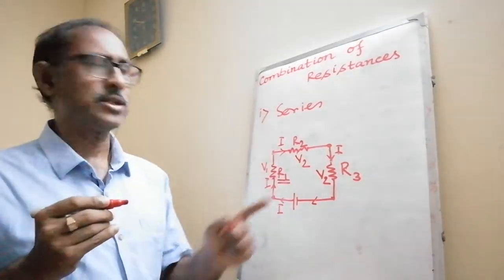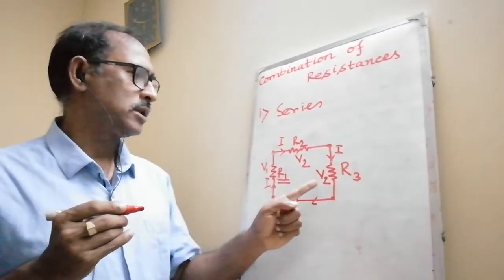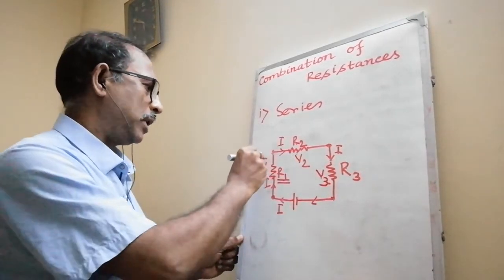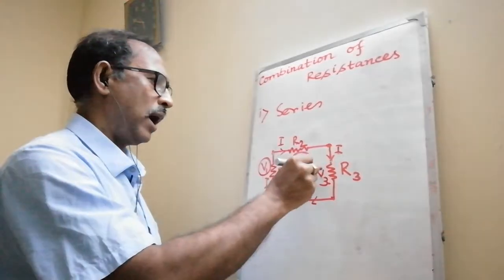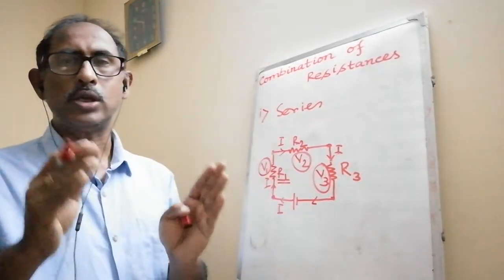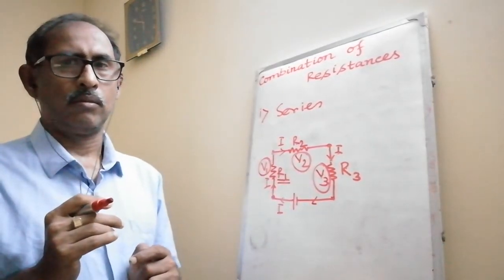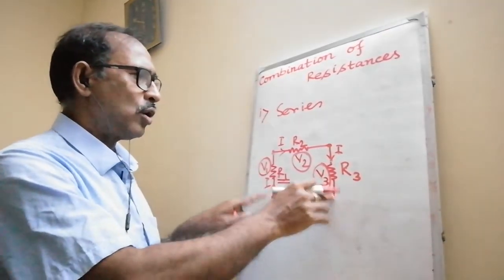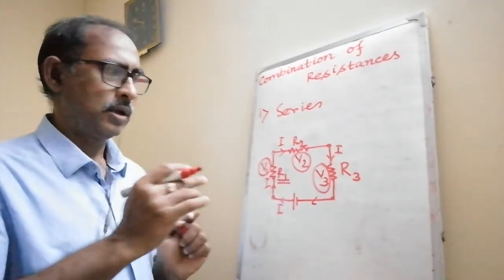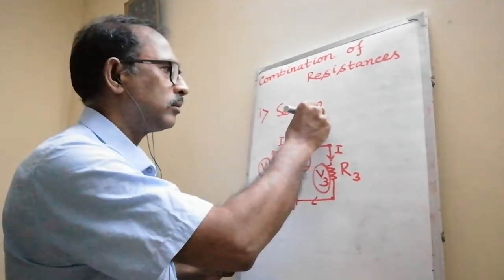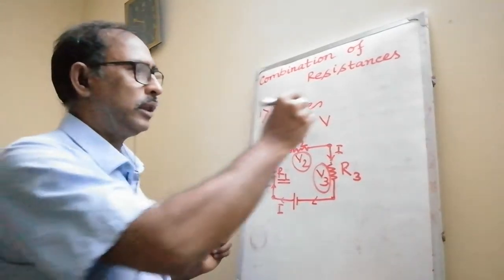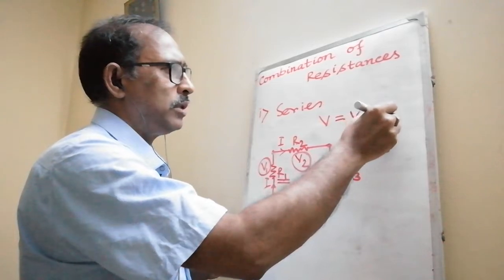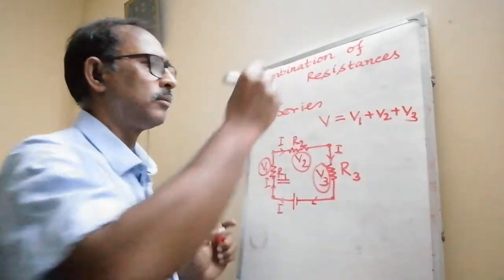That means V1, V2 and V3 are not equal. If the potential difference across the total circuit is V, then V is equal to V1 plus V2 plus V3.